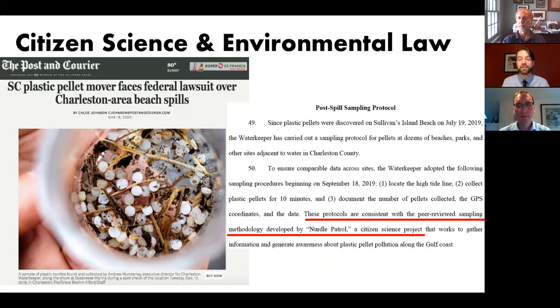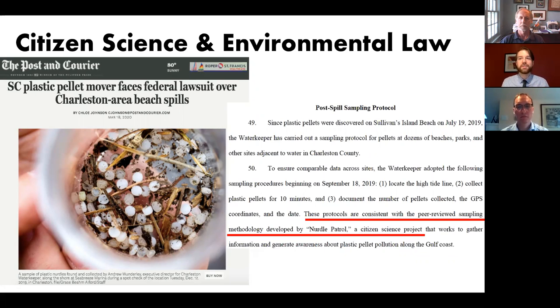And that's the evidence of this plastic pollution. That is the evidence of why this polluter has violated the Clean Water Act. This is going to be a really interesting case to watch unfold. They're being represented by the Southern Environmental Law Center in it. But the citizen science is really the core evidence in this case of plastic pollution in Charleston Harbor.